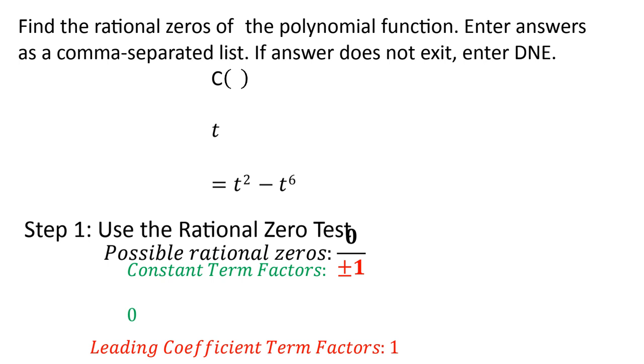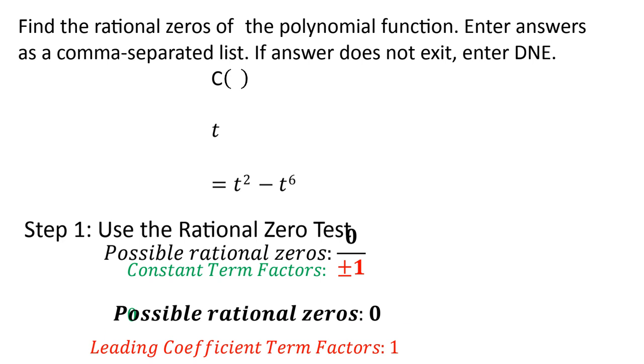So my possible zeros are 0 over plus or minus 1. So the only possible rational zero is going to be 0, because remember, when we have 0 divided by a number, it's always 0.